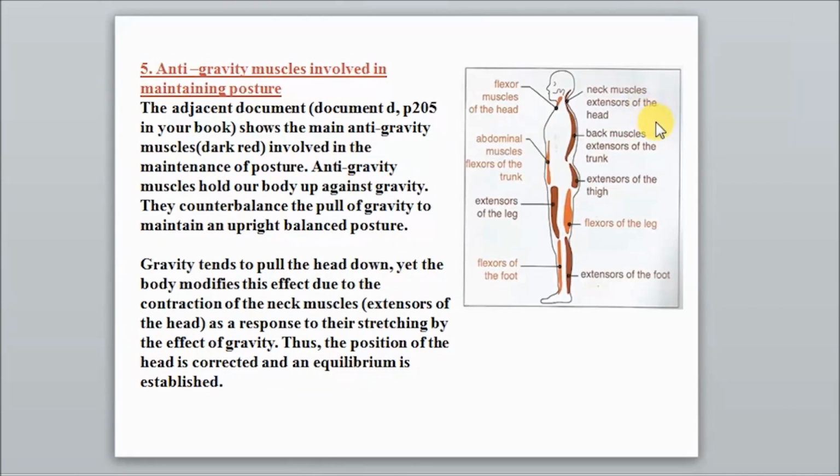So, these muscles are going to contract as a response to the stretching by the effect of gravity. Thus, when they contract, the position of the head is corrected and equilibrium is established.